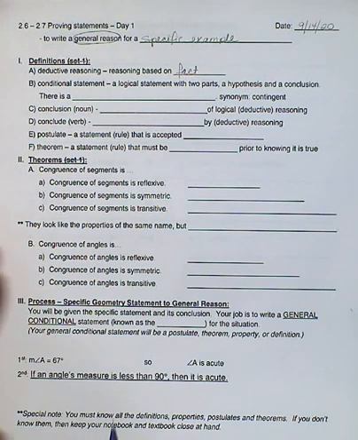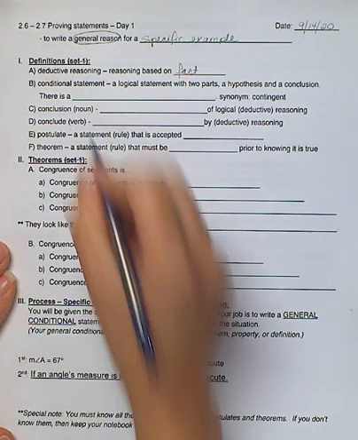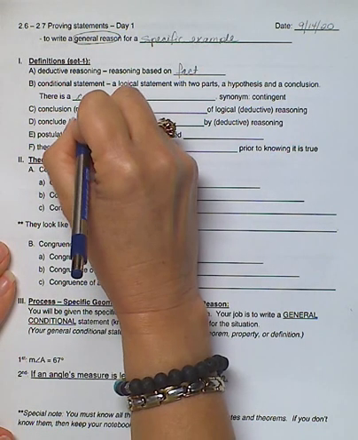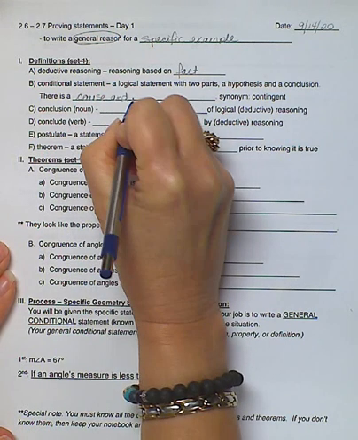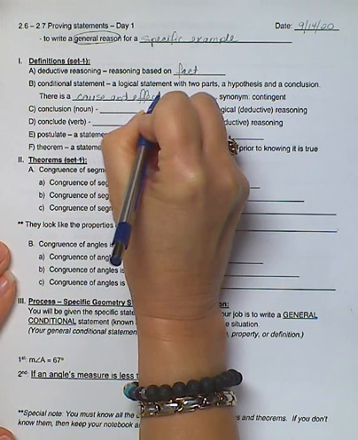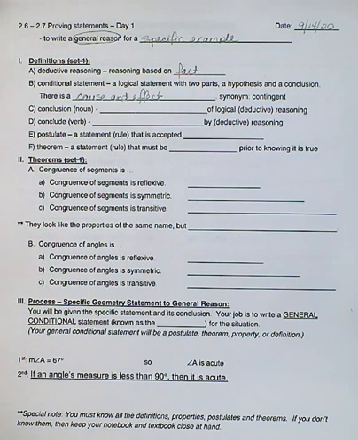A conditional statement is a logical statement with two parts, a hypothesis and a conclusion. There is a cause and effect. The synonym is contingent. What's going to happen is contingent on what you know first.